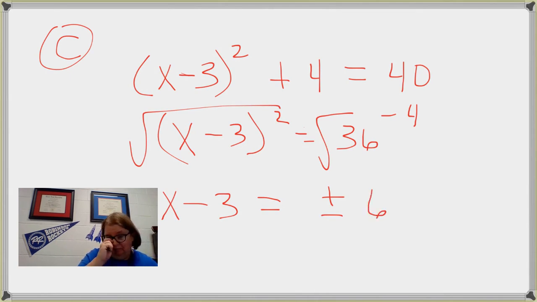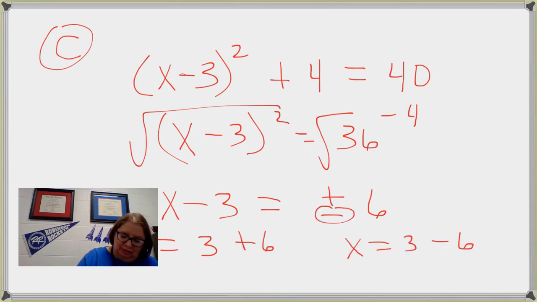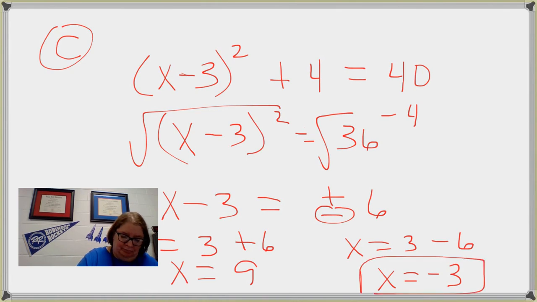Where did 6 come from? It's the square root of 36. Now, we're going to add the 3 to get the x by itself. So we have x equals 3 plus 6 and x equals 3 minus 6, which means x is 9 or x is negative 3. And there you go. That's just a little reminder.